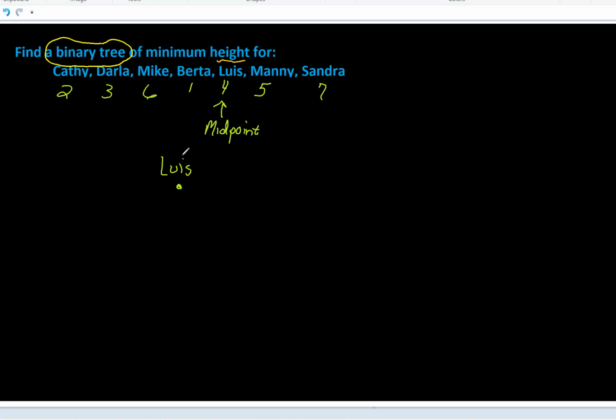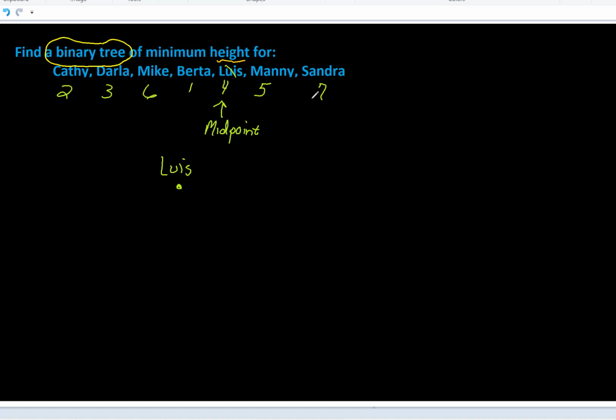So I'm going to put Luis here, and I'm going to cross him off the list. So what comes before Luis? And again, I want to do this in some sort of balanced way.